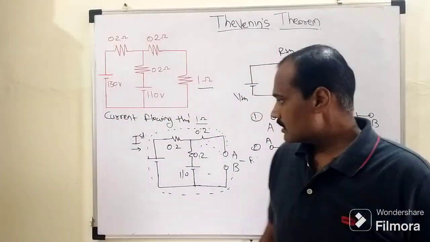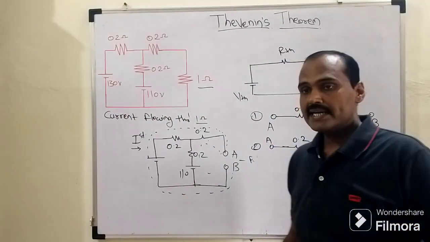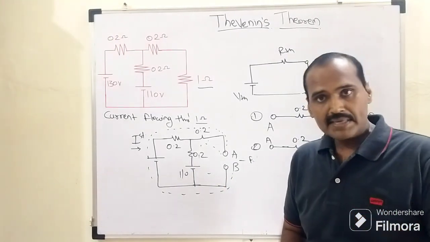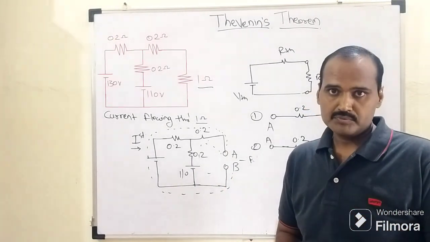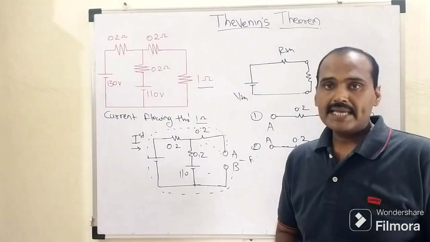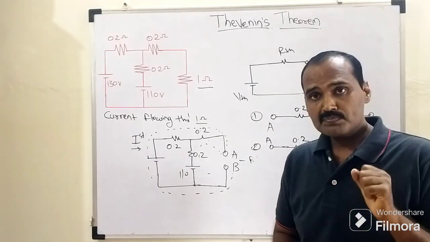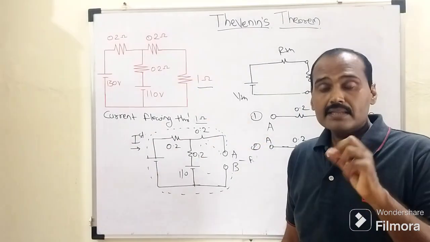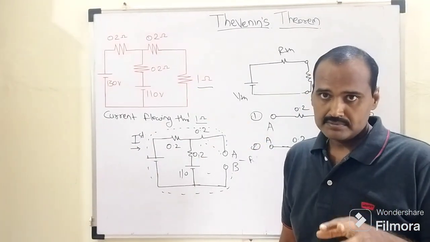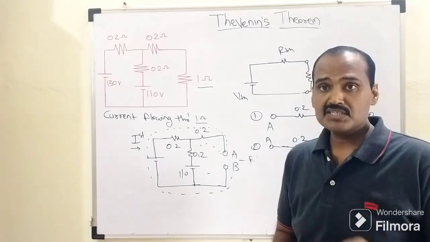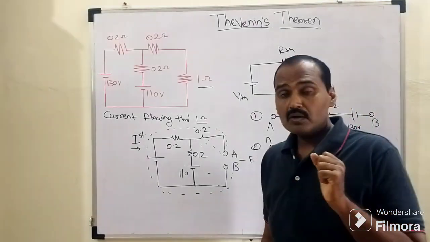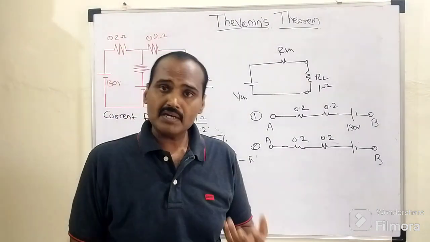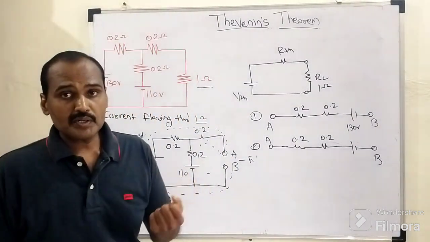Once the target resistor is replaced with these two open circuit terminals A and B, the desired potential lying between A and B is the Thevenin voltage. So from observation, we need to look at this existing network: how many conducting paths are there, and which is the shortest and which is the longest. Which one will be convenient for us? Obviously the shortest conducting path.